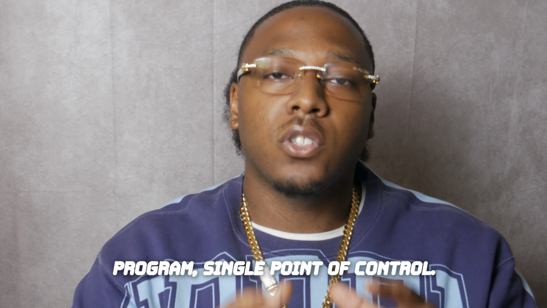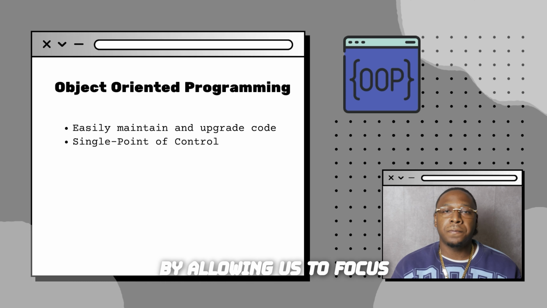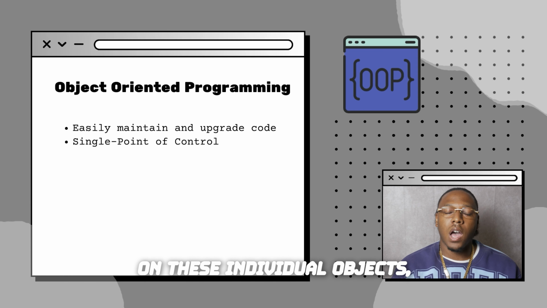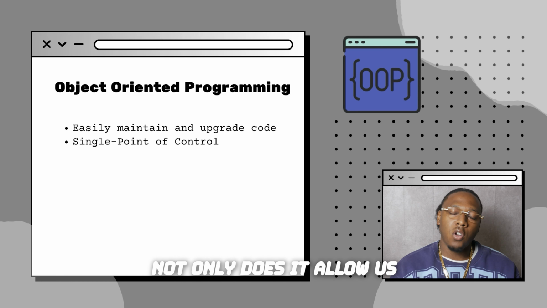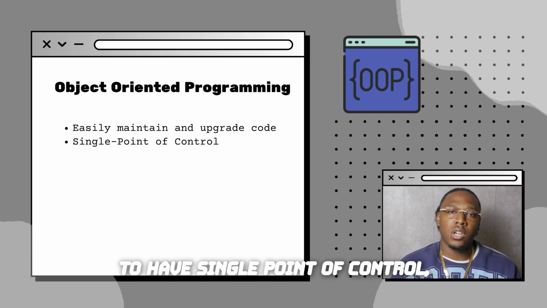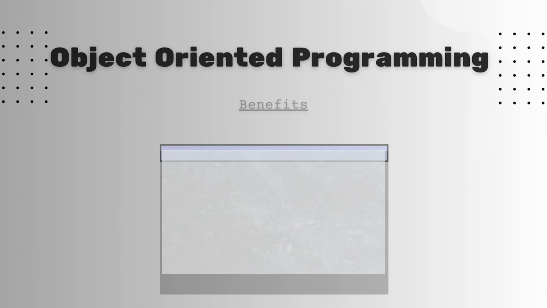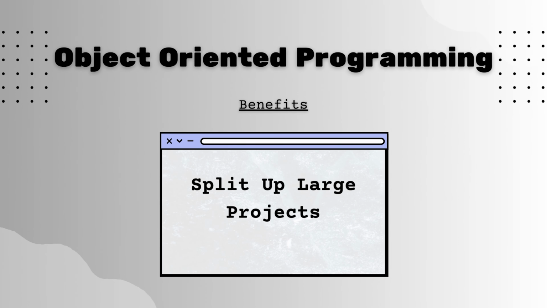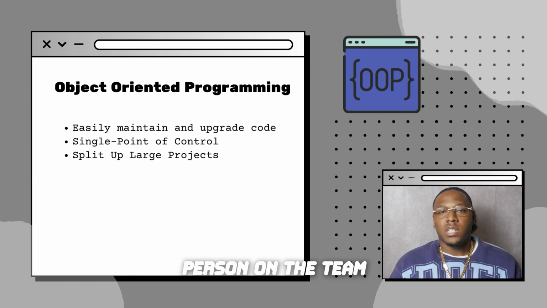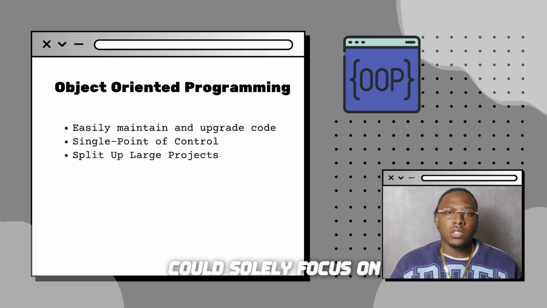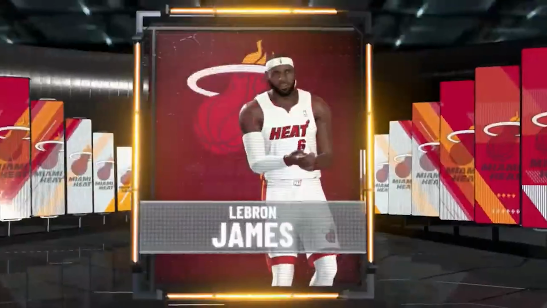Single point of control. By allowing us to focus on these individual objects, not only does it allow us to have single point of control, but it also allows us to split up very large projects. So one person on the team could solely focus on LeBron James.